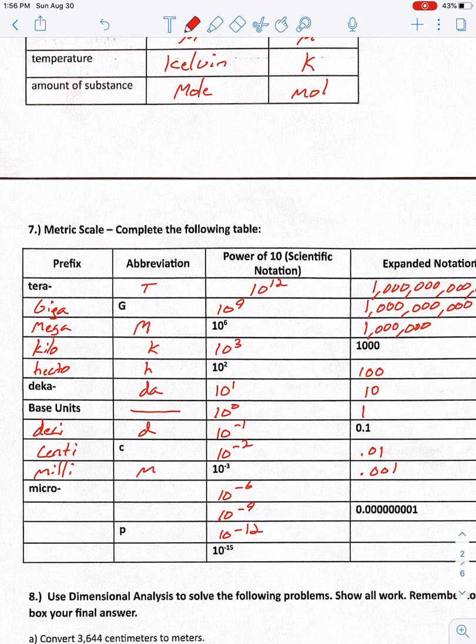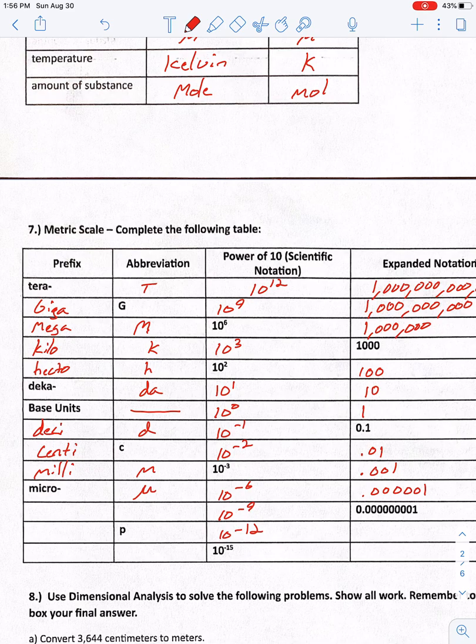This one would be 0.001. Micro's abbreviation is a weird u with a long nose. Little m was already taken, so we use that character for it, and that's 10 to the negative 6th, which would be 0.000001.